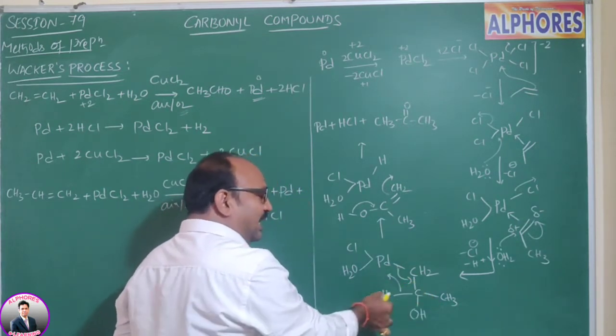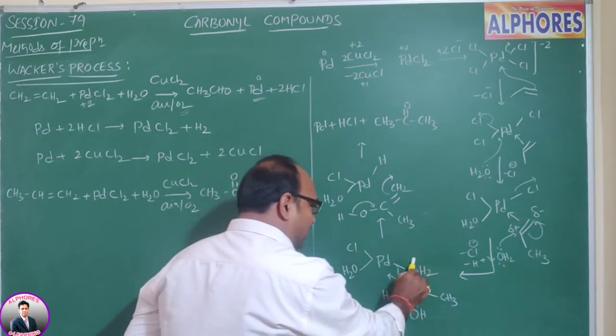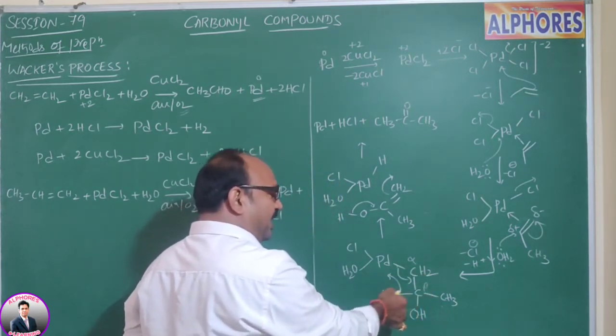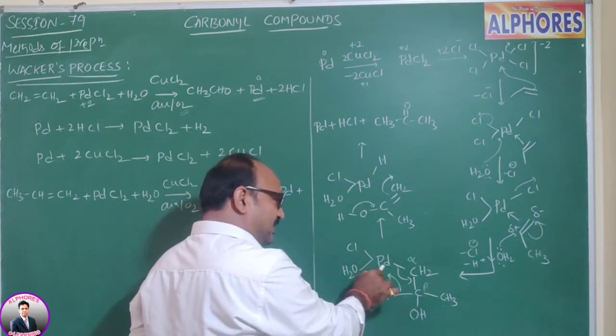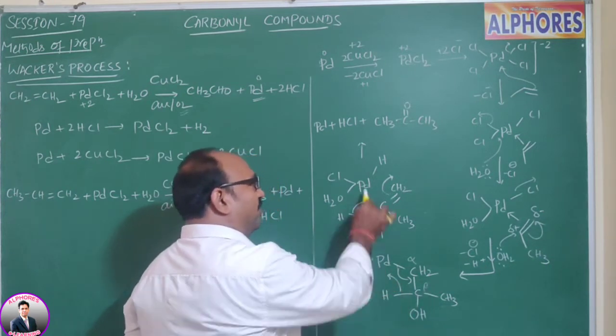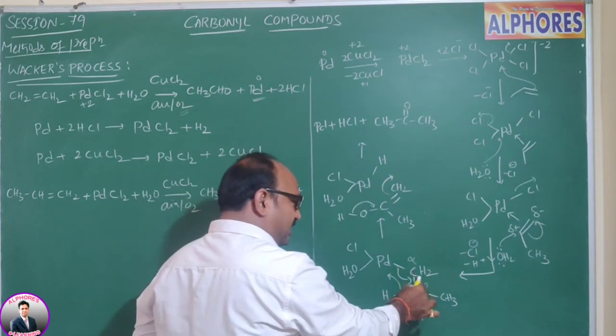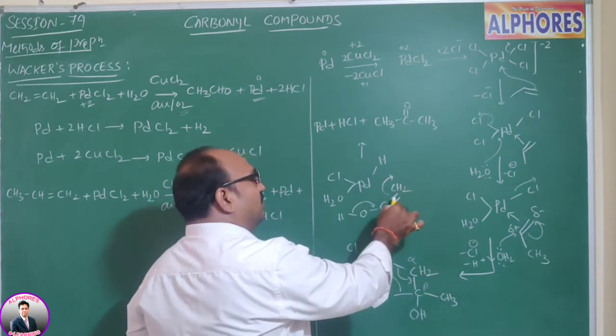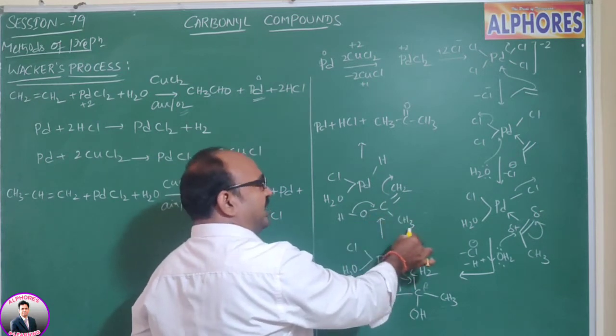Here is beta hydride elimination: this one is alpha, this one is beta. The beta carbon containing hydrogen comes out, and a bond forms between palladium and hydrogen, giving CH2 double bond C(OH)CH3.